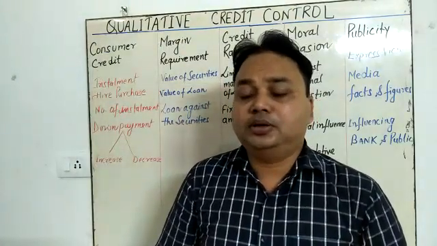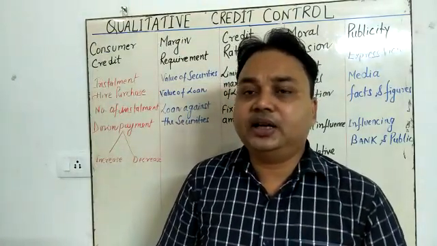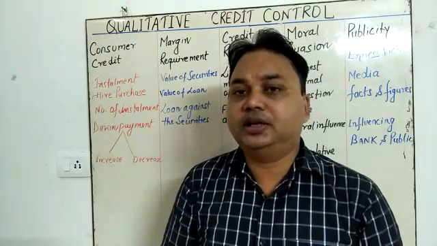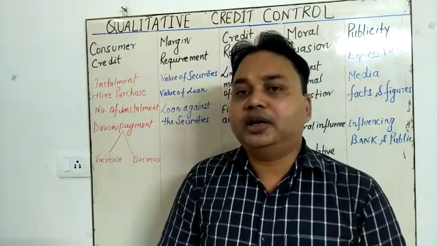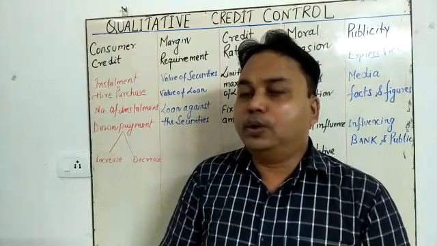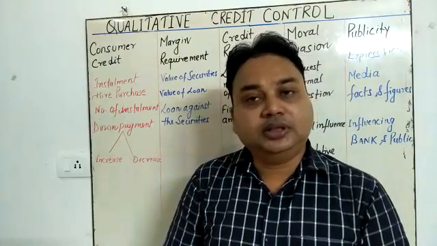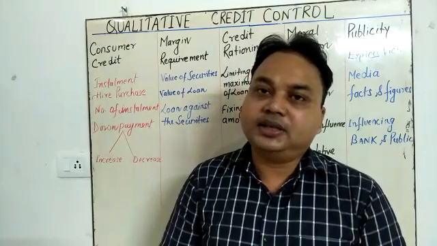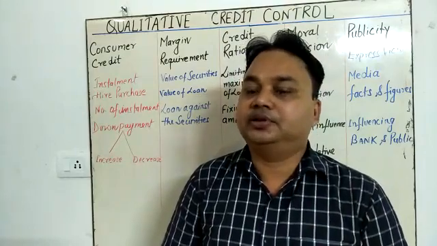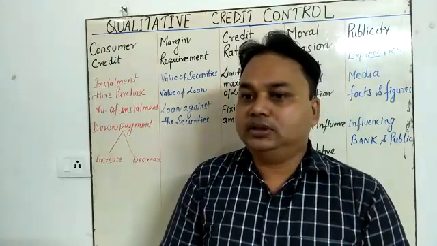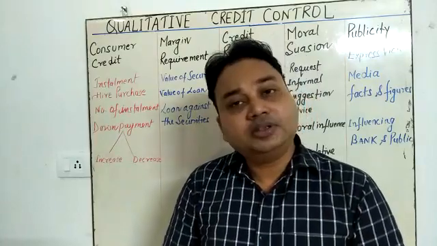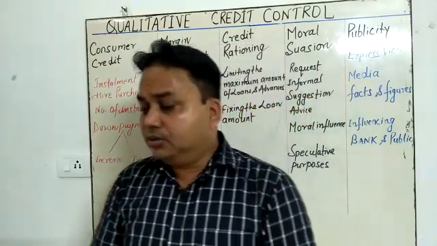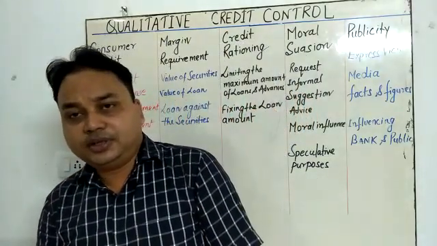In this way, by reducing the down payment, the economy can boost up. The number of installments and the down payment limit are all decided by the central bank of any country because it comes under the central bank's guidelines. So it is called consumer regulation of credit.